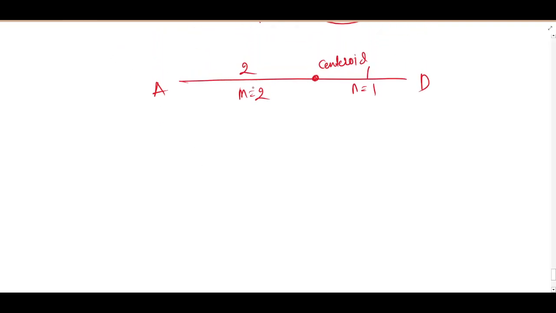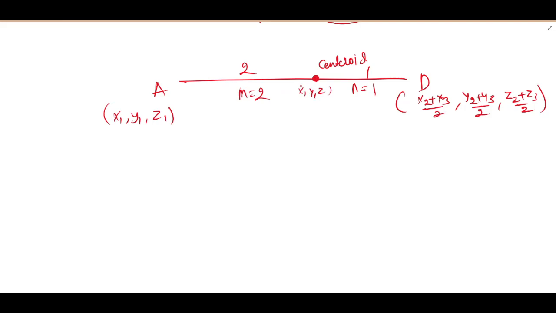So we have the coordinates of point A as x1, y1 and z1, and the coordinates of point D as ((x2 plus x3) by 2, (y2 plus y3) by 2, (z2 plus z3) by 2). So by the section formula, the coordinates of the centroid will be x, y, z.